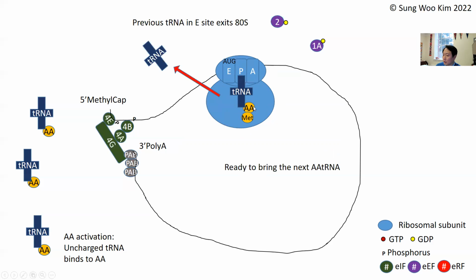Now this ribosome has a tRNA in the P site with two amino acids. Now it's ready to bring the next amino acid tRNA following the codon. This could be any amino acid based on what codon you have here. But the start codon, AUG, which was in the P site, is now moved to the E site, because the ribosome moved from 5' to 3' by one codon.